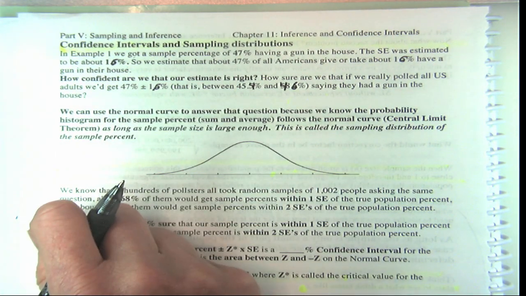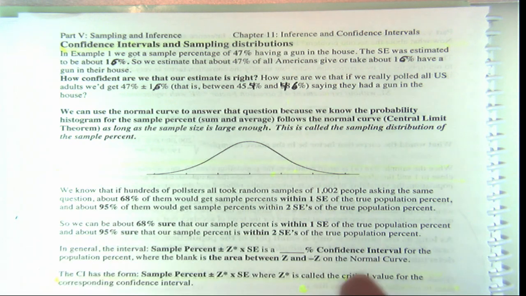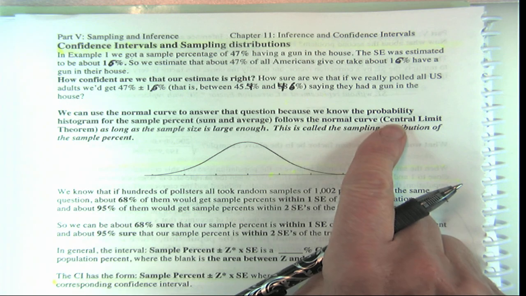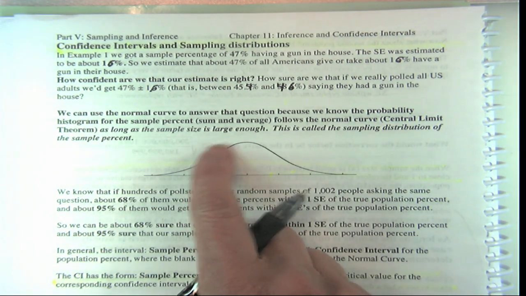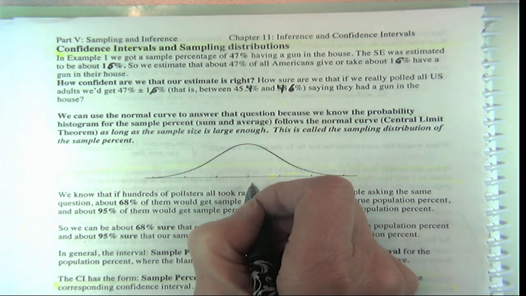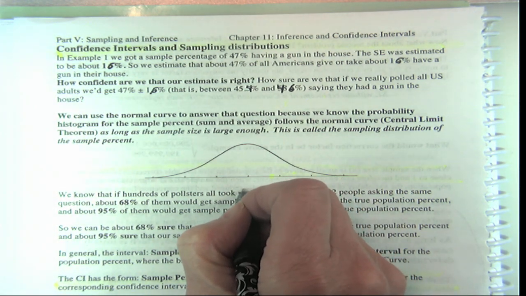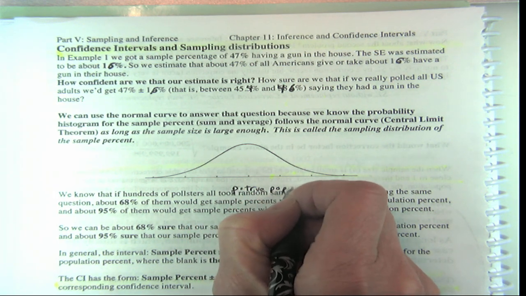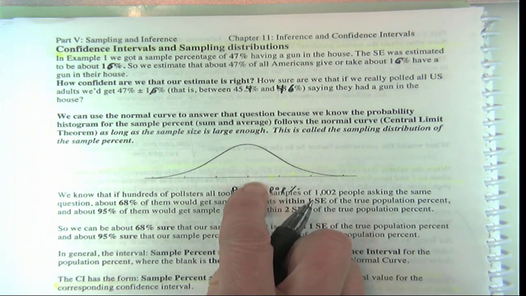Now, we can use the normal curve to answer that question because we know that the probability histogram of sums and averages and percents follows the normal curve. So you have some true population percent here, I'll call it P. This is the true population percent in the whole population.